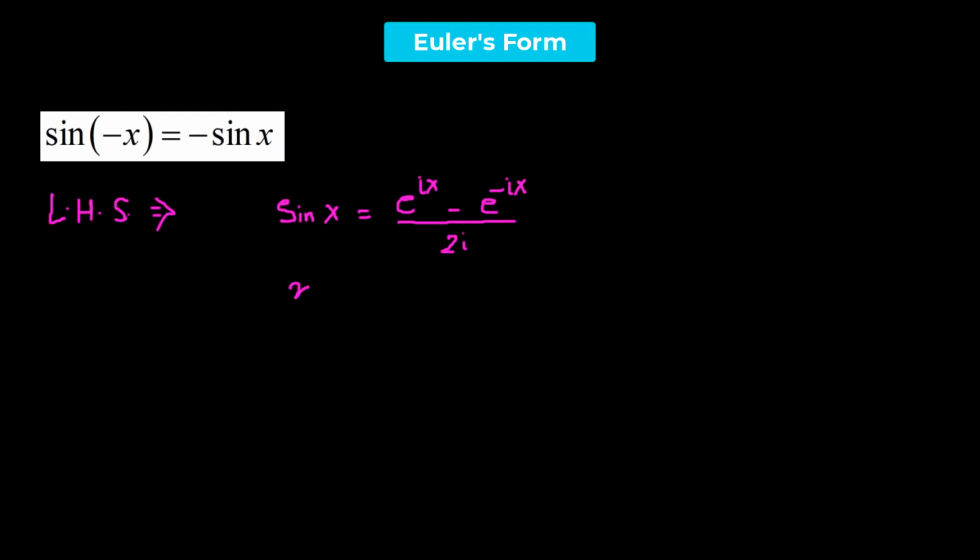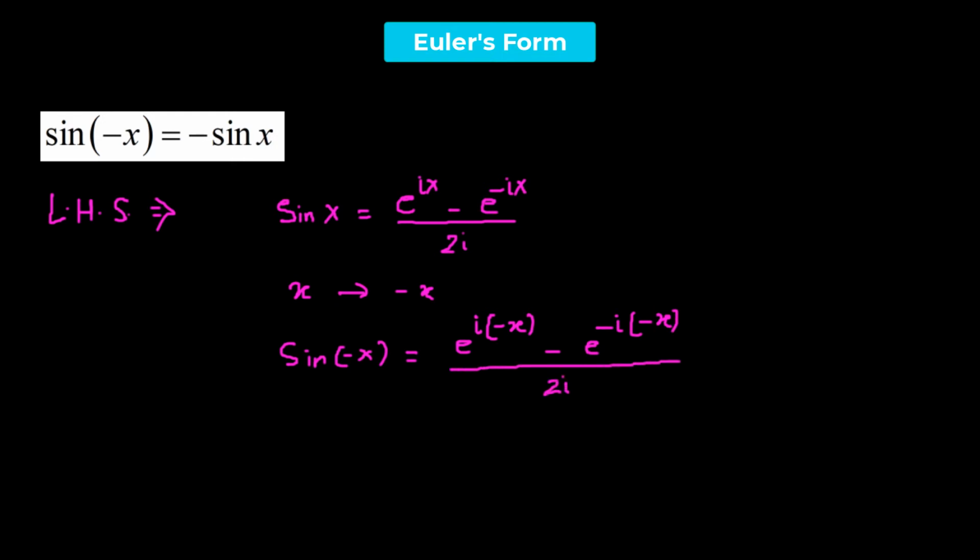Now we're going to substitute x with negative x, so that gives us sine of negative x equals e raised to the power of i times negative x minus e raised to the power of negative i times negative x, divided by 2i, which equals e raised to the power of i negative x minus e raised to the power of i times x, divided by 2i.